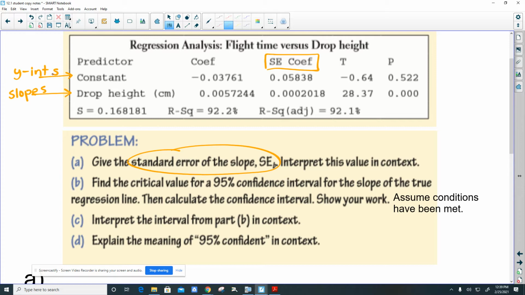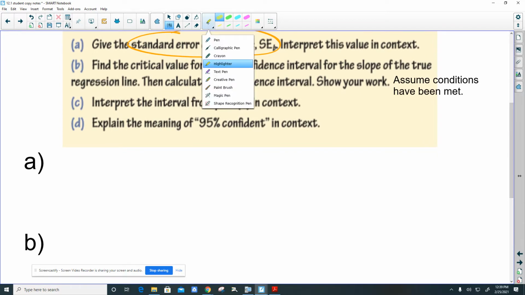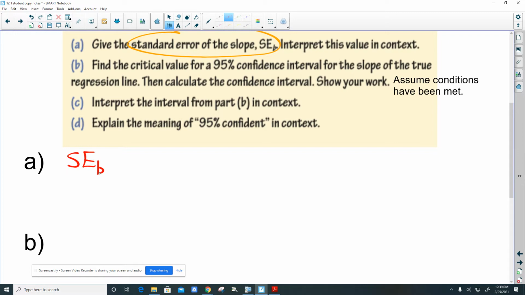So if we want the standard error of the slope, we look for where that standard error column collides with our slope row. That would be the number 0.0002018. So for part A, I'm going to report that the value of the standard error of the slope is that number there.